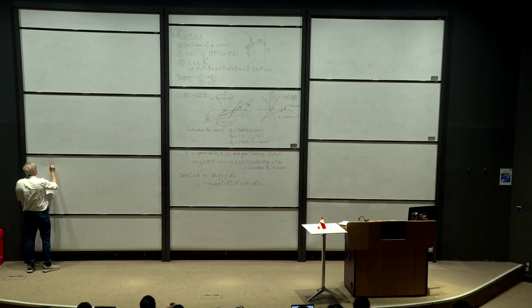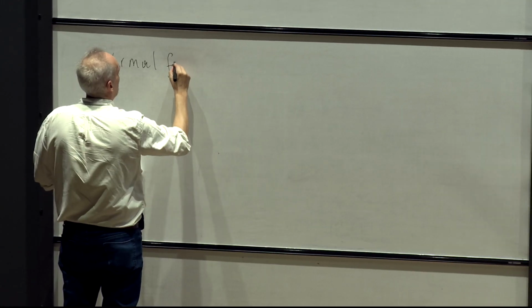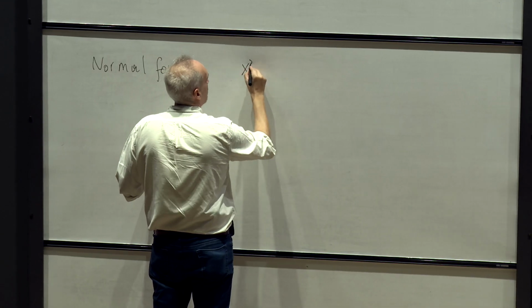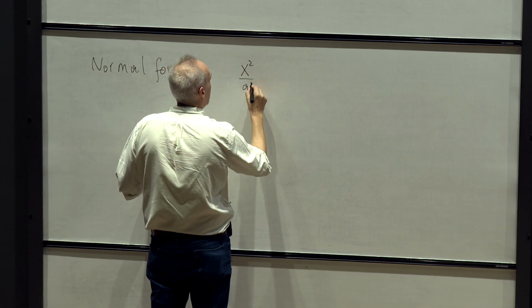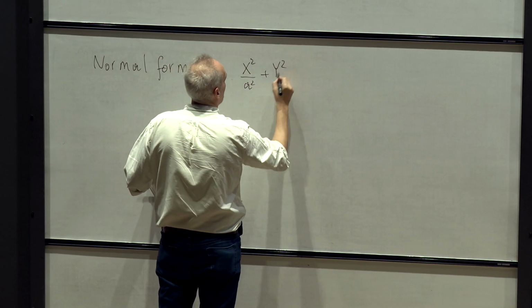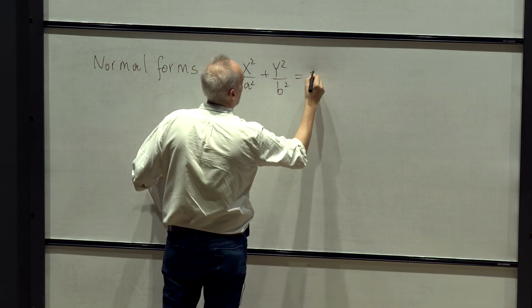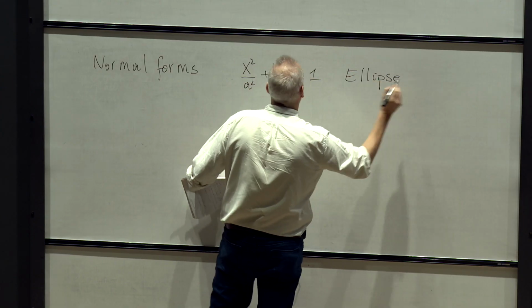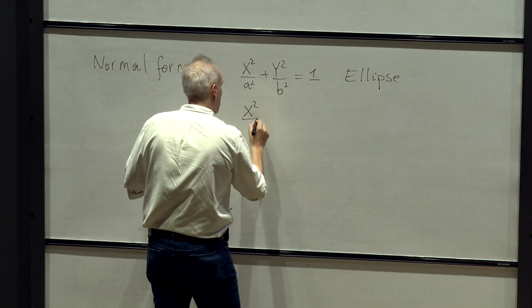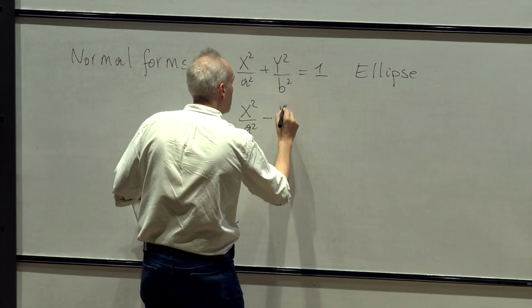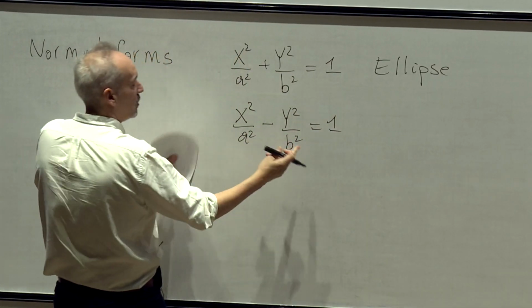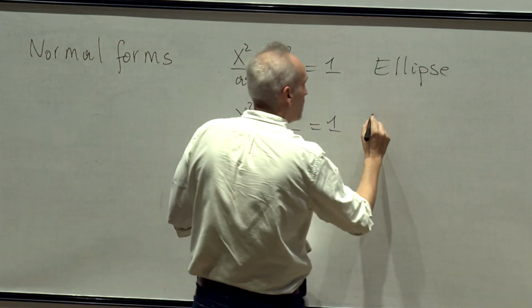And remember, the normal forms are written with the big X now: X squared over a squared plus y squared over b squared equals 1. That would make ellipses. Or x squared over a squared minus y squared over b squared equals 1. Of course, I can change x and y, it's just names.